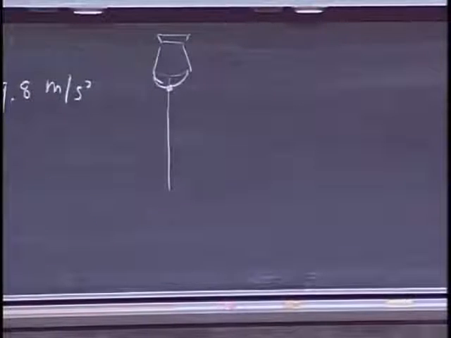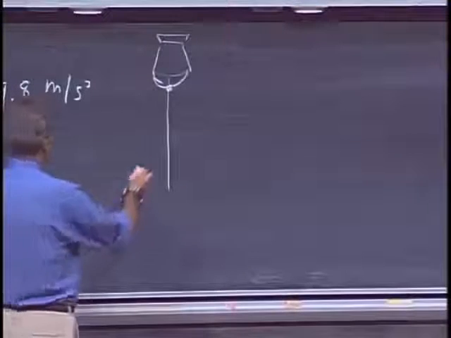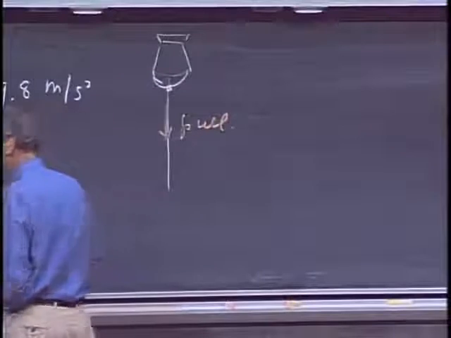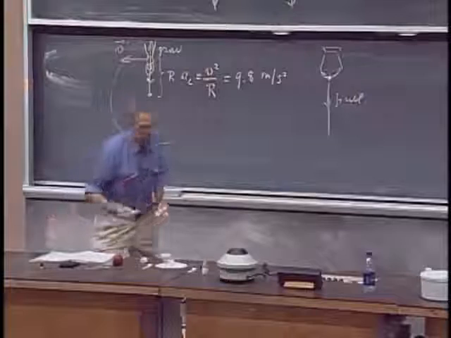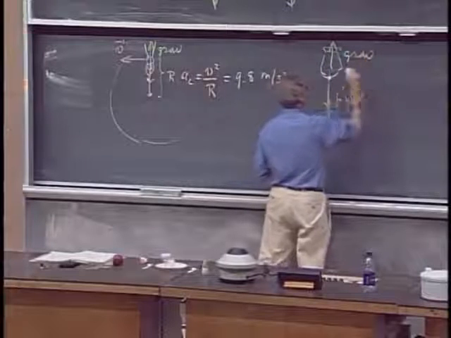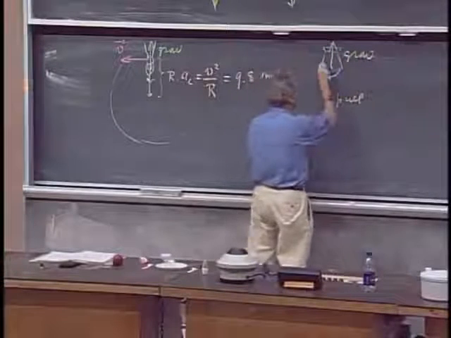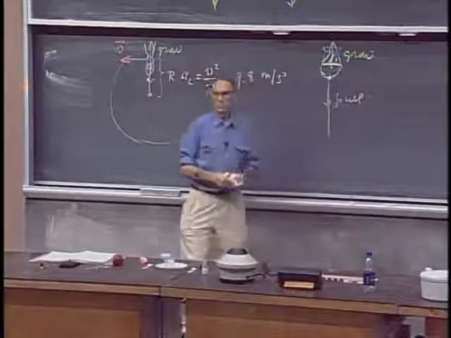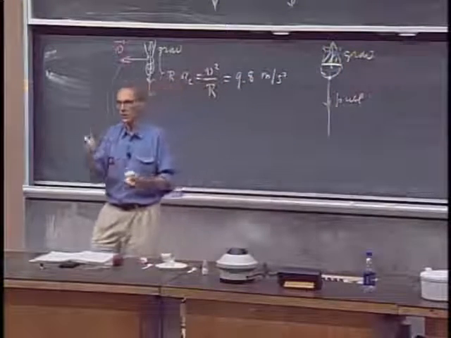So the string is definitely going to pull. If you were the water, and I asked you where is gravity, you would say the gravitational direction is in this direction. And so the water will say, okay, fine. Then this will be my surface, and I want to go in this direction. But the water can't go in that direction, so it will just stay there.